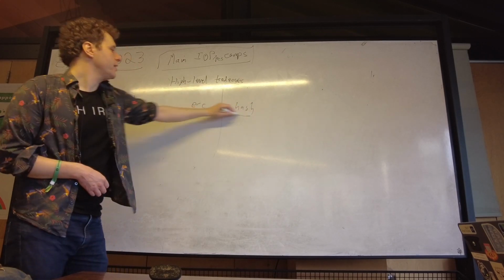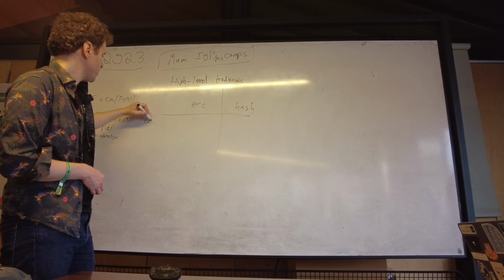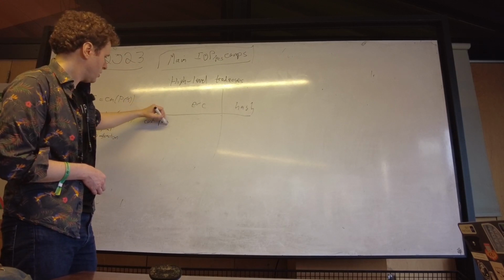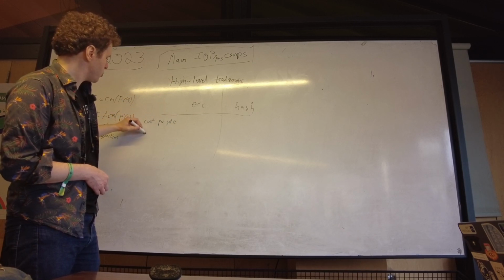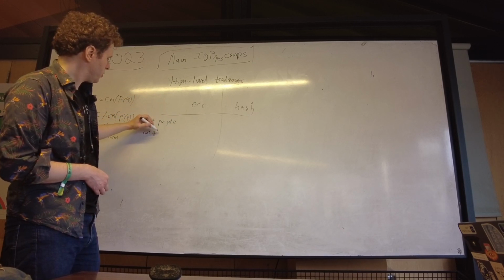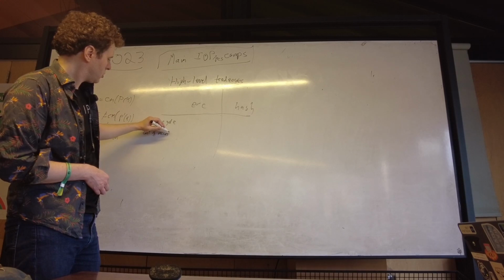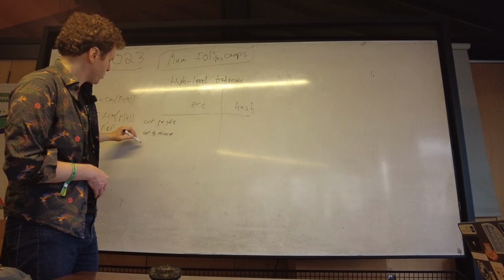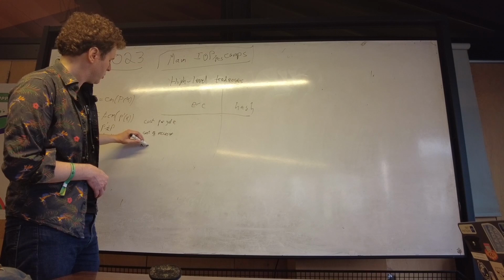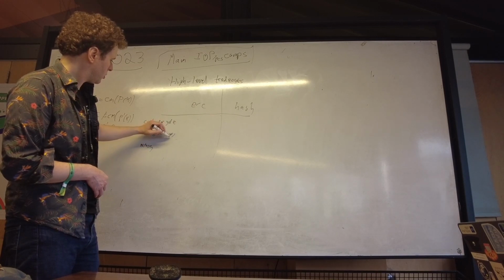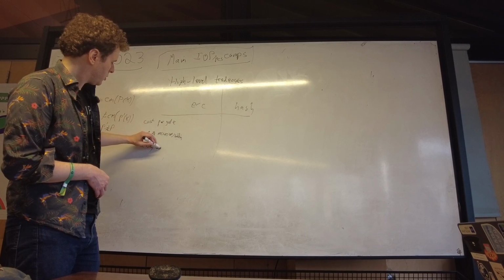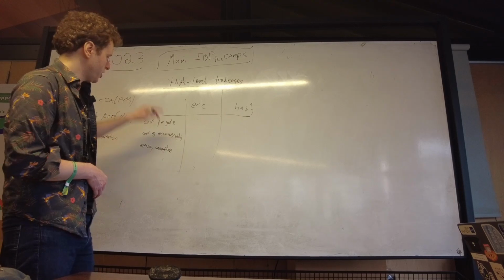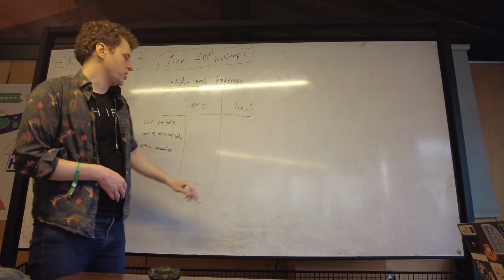And we're going to say, let's say, cost per gate. Cost of recursion. Memory consumption.